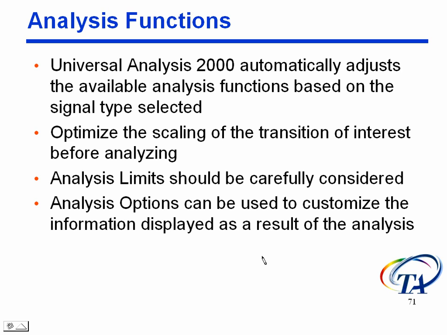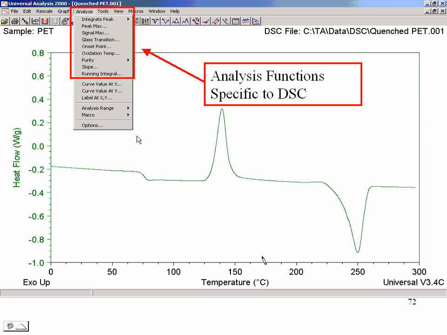Now, when you do an analysis, various information gets displayed on the plot, and in analysis options, you can customize what information gets displayed after you do the analysis. That's really a nice feature because you don't really want any more information on there than you really need. So you can consider how much you need on there and put on exactly what you need.